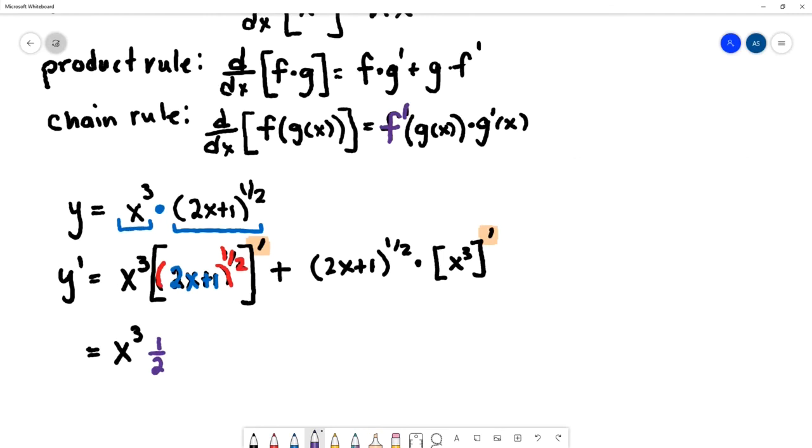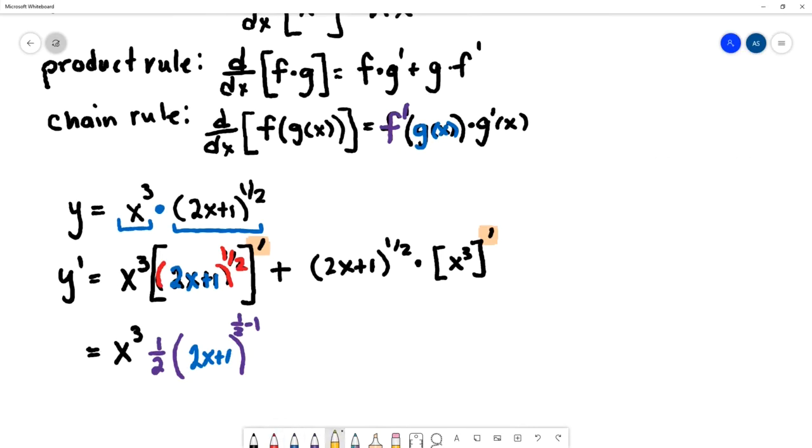The power rule is we multiply by that power, and then we're going to take 1 away from that power. So we do 1/2 minus 1. We leave that inside function alone. So following the chain rule, I'm leaving the inside function alone. And then I need to multiply by the derivative of the outside function. Excuse me, the inside function.